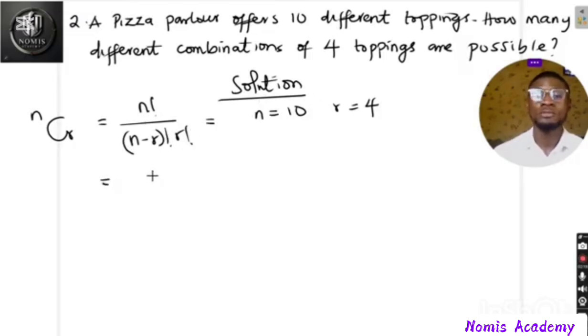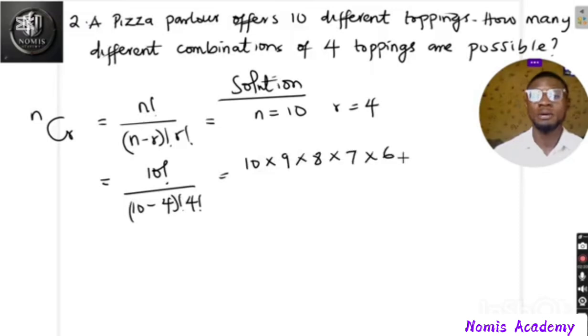That becomes 10 factorial all over 10 minus 4 factorial. So that is 10 multiplied by 9 multiplied by 8 multiplied by 7 multiplied by 6 factorial, all over 10 minus 4, which is 6, so that's 6 factorial.